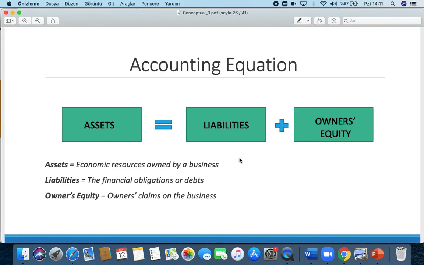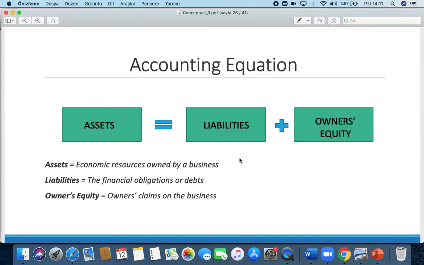If we go to IFRS, you see that assets are the economic resources that have potential future cash flow, and create rights and claims for the company.